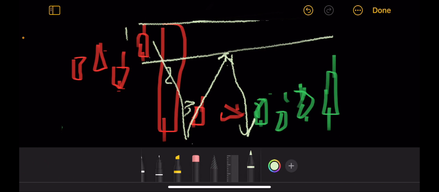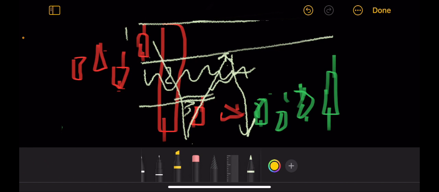So we got the impulsive move. You have to fill this gap right here between candle 1 and 3, this area here. It has to come past this candlestick, wherever it is down here.